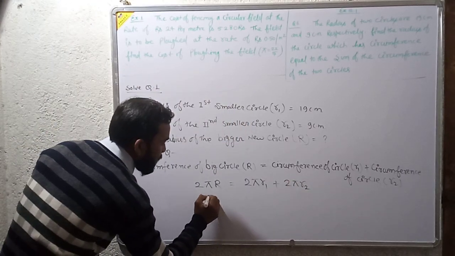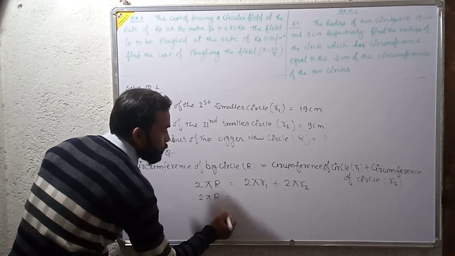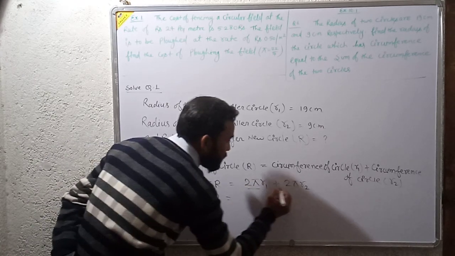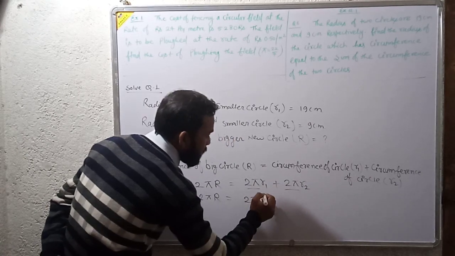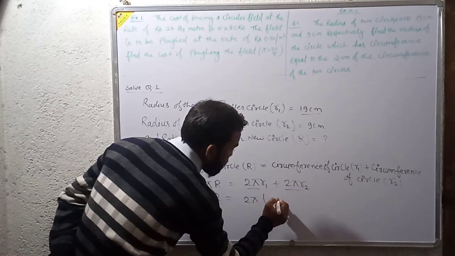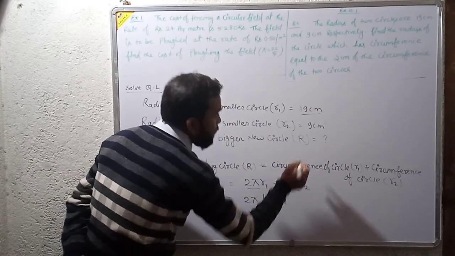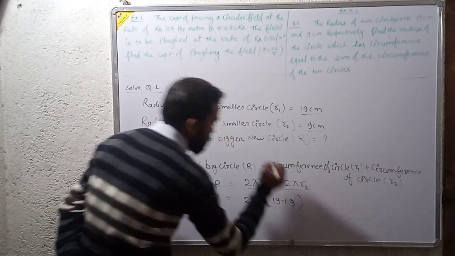So 2 pi capital R is equal to, here 2 pi will be common, and r1 is equal to 19 centimeters, so it will be 19, plus r2 is equal to 9 centimeters, so it will be 9.